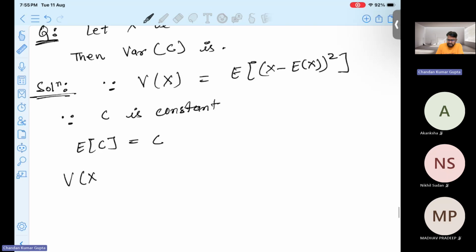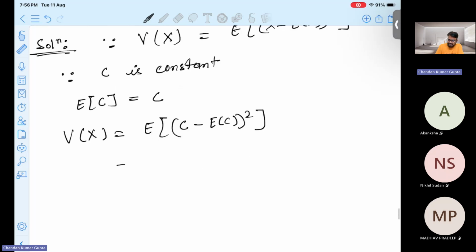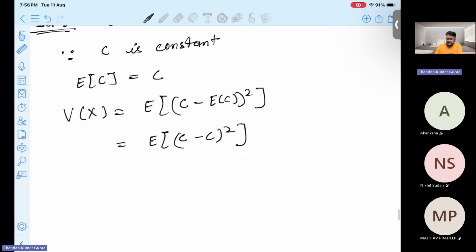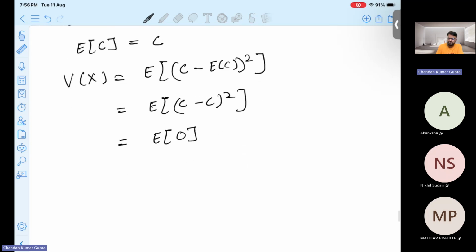So the variance of X is the expectation of c minus the expectation of c, whole square. That can be written as the expectation of c minus c, whole square, which is the expectation of 0, so it comes out to be 0.